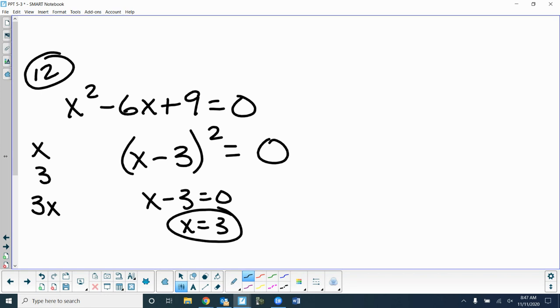So that happens sometimes. 14, that was the one we just got done doing, right? Oh, it was the x squared minus 49 equals 0. Trent? What happened to the parentheses and the square root?